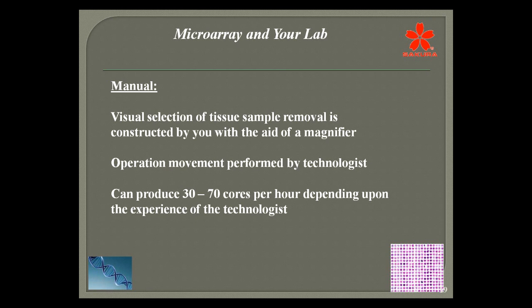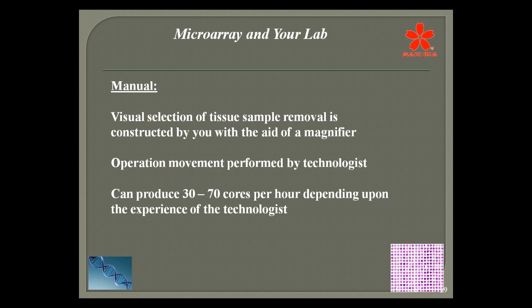array work for you. Along the lines of manual arrays, the visual selection of tissue sample removal is constructed by you and with the aid of a magnifier. Because these cores are relatively small, it would be helpful to have some form of magnification to let you see what you're doing a little more accurately and not tire your eyes out entirely.